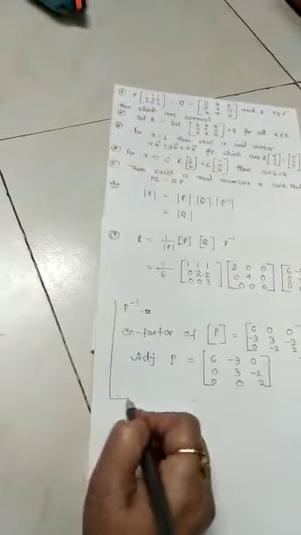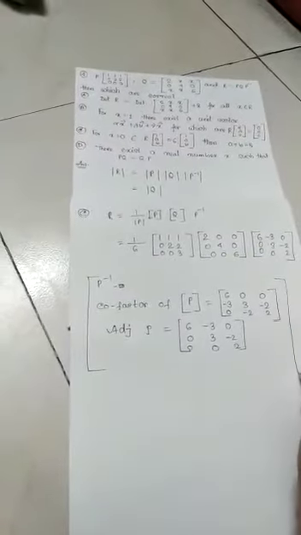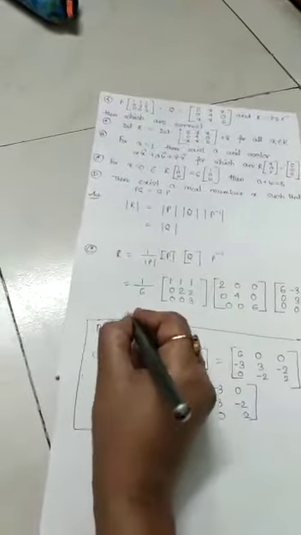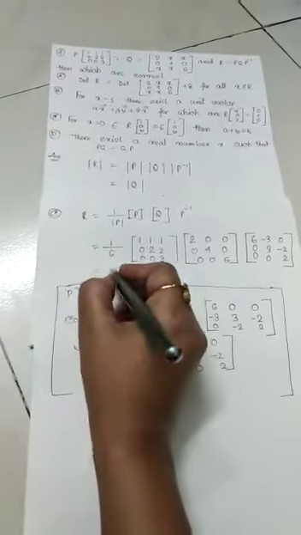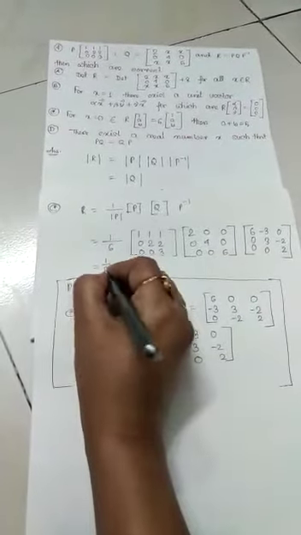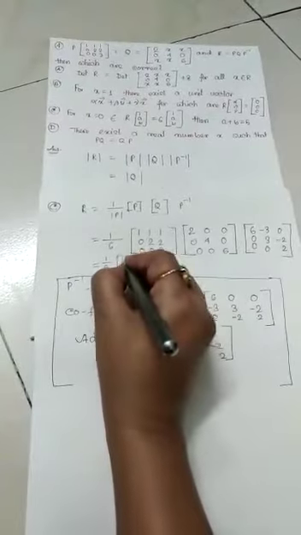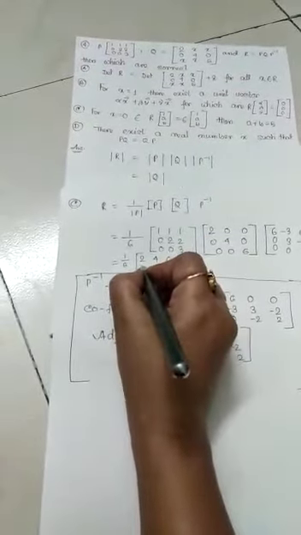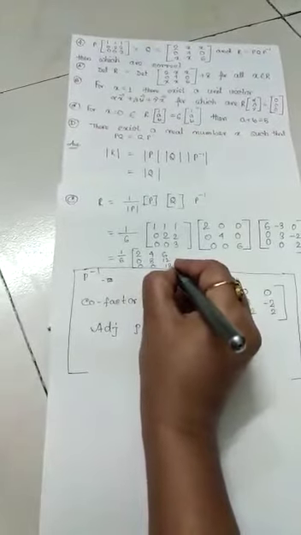Now we calculate the multiplication. After multiplying P and Q, we get 2 4 6, 0 8 12, 0 0 18.